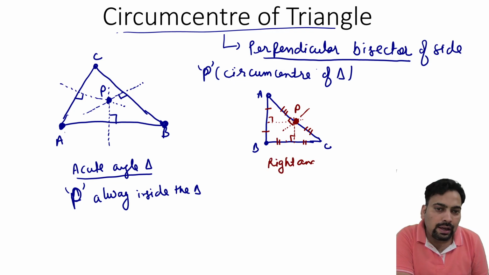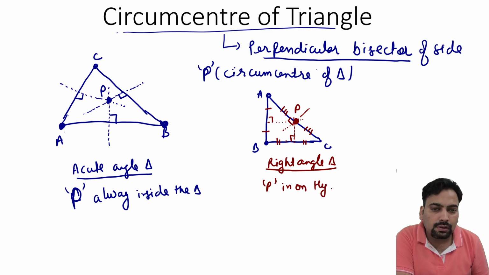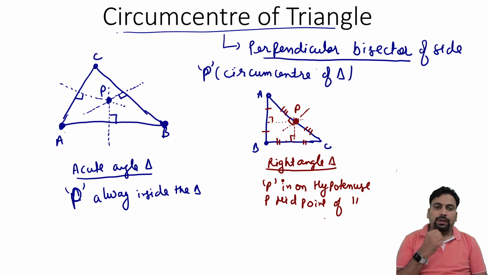In a right angle triangle, P is on the hypotenuse, and P is the midpoint of the hypotenuse.